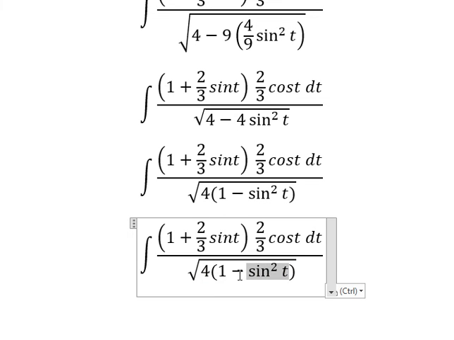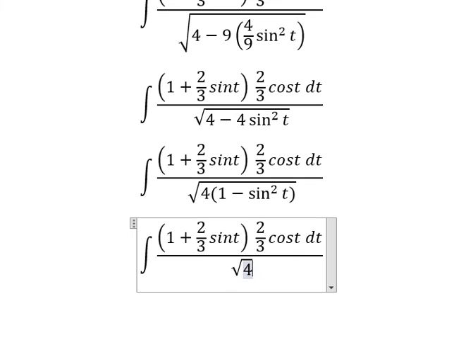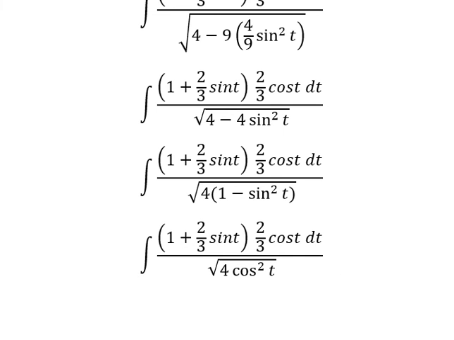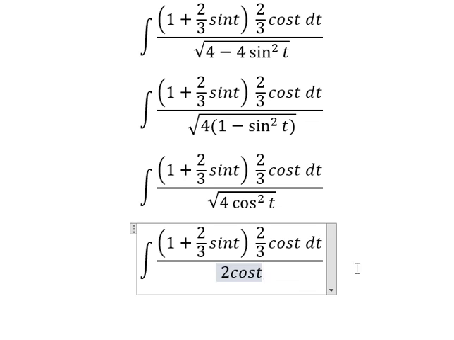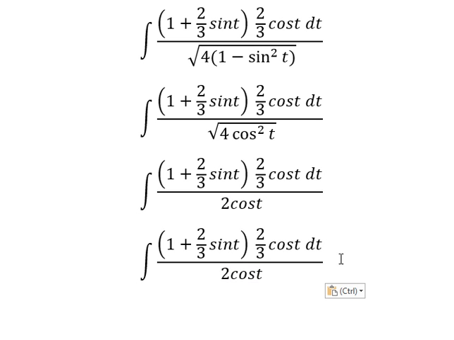One minus sine t squared we change to cosine t squared. The square root of 4 cosine t squared, we have number 2 cosine t. And now we simplify number 2 cosine t.